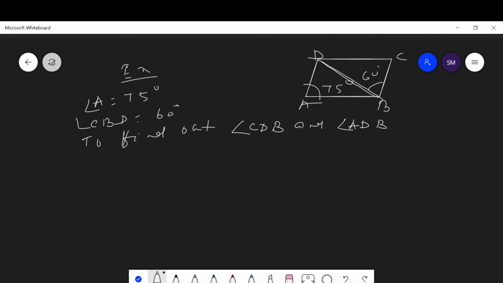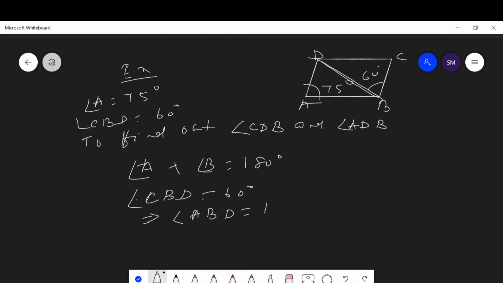As we know that angle A plus angle B is equal to 180 degrees, by the properties of a parallelogram, adjacent angles are supplementary to each other. Then angle CBD is equal to 60 degrees.